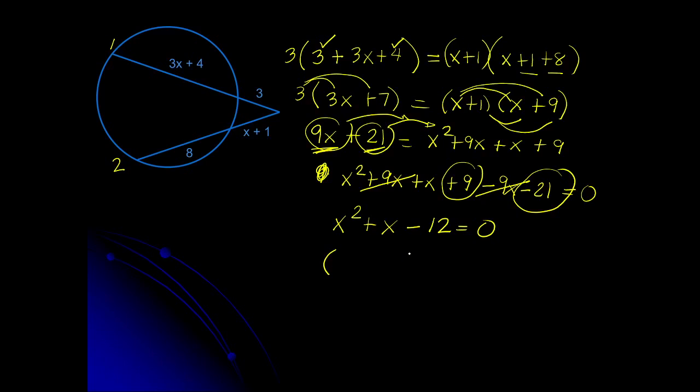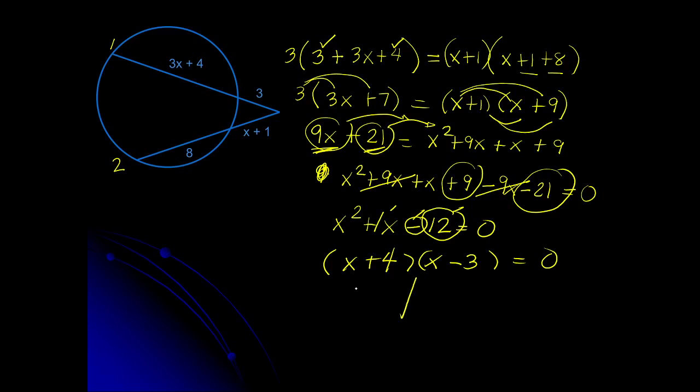Here, factors of 12 that, when you subtract the two factors, give 1. What are the factors of 12? 4 and 3. 4 is positive, 3 is negative.